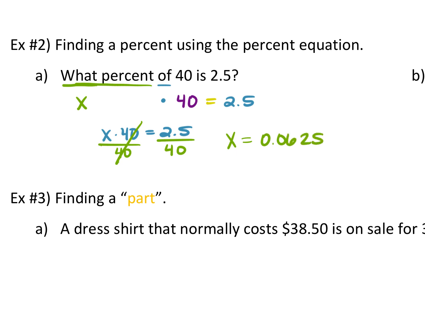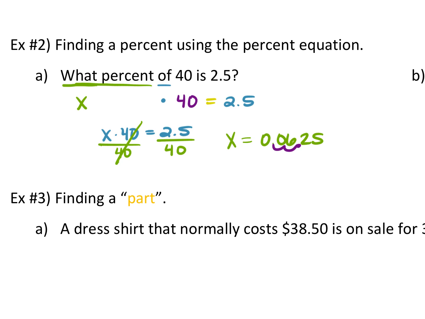Okay, now the question was, what percent? This is the decimal version of a percent. So when we want to turn a decimal into a percent, we multiply by 100, which moves our decimal point 2 to the right. I said left earlier because when we're changing a percent to a decimal, we go to the left. But when we're changing a decimal to a percent, we go to the right.